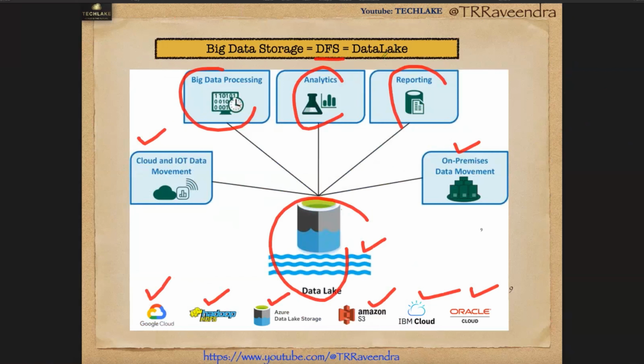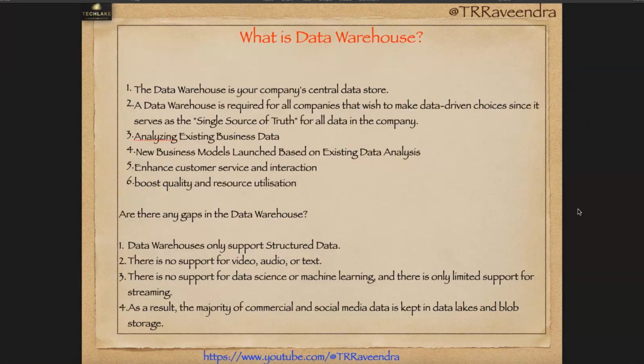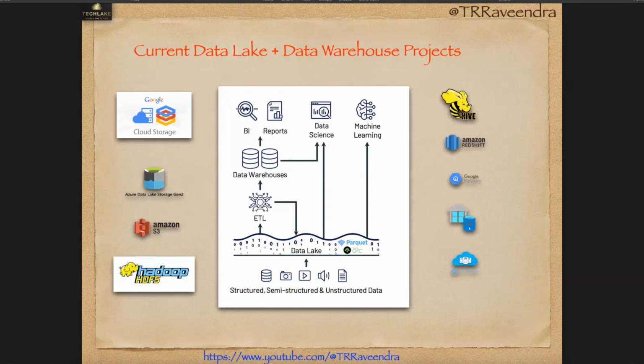Okay, but when you look at an end-to-end analytics project, it may be advanced analytics or traditional analytics. If you are storing any type of data in a data lake, structured, semi-structured, unstructured, traditional BI can't use it, because data lakes have files and folders.